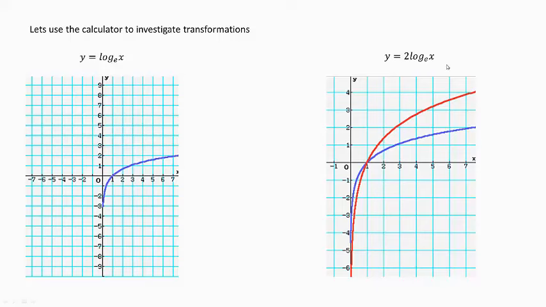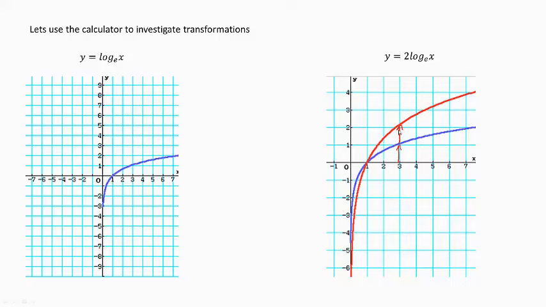So with 2 log e to the x, we're doing something to the y value. If you look at our graph here, this distance here, I've doubled. Add that same distance again.